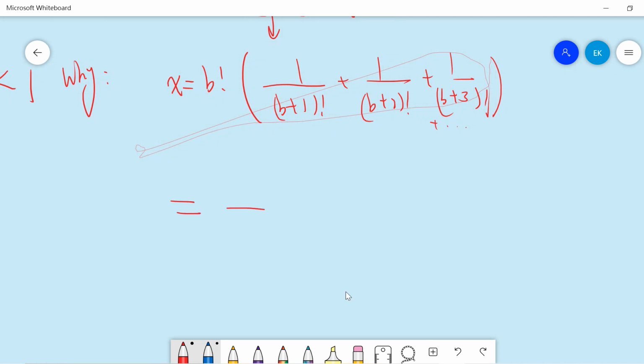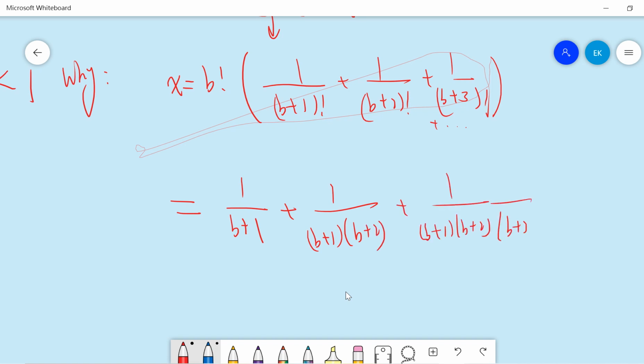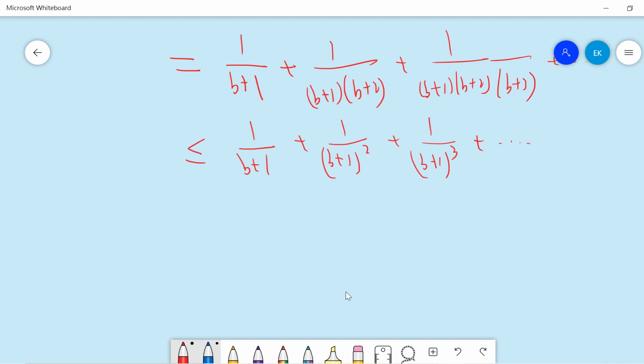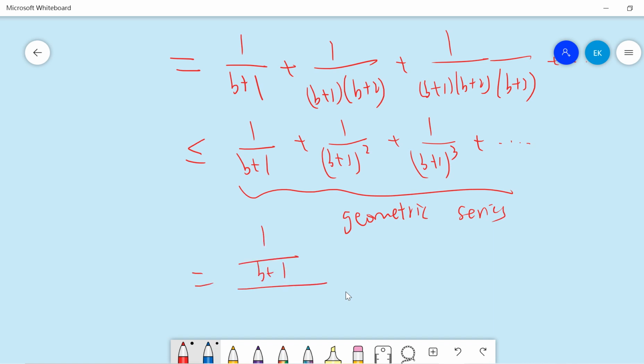The first term is 1 over b plus 1, then 1 over (b plus 1)(b plus 2), then 1 over (b plus 1)(b plus 2)(b plus 3), and keep going. This is smaller than 1 over b plus 1, plus 1 over (b plus 1) squared, plus 1 over (b plus 1) cubed. This is a geometric series, which gives 1 over b plus 1 divided by 1 minus 1 over b plus 1.